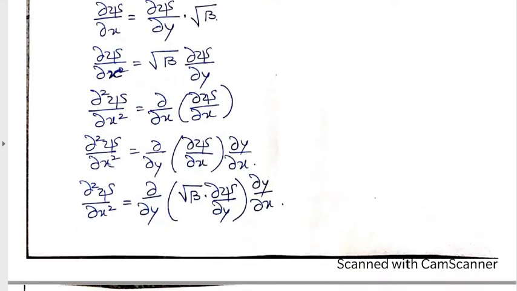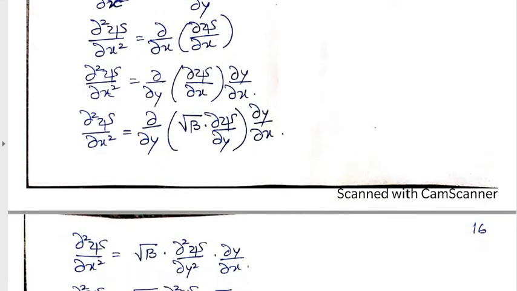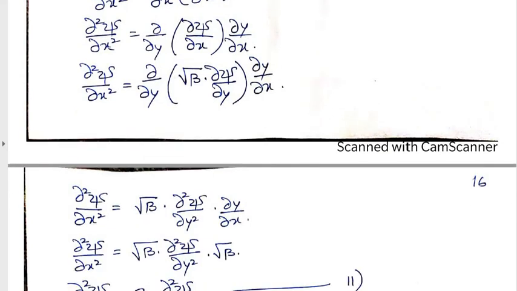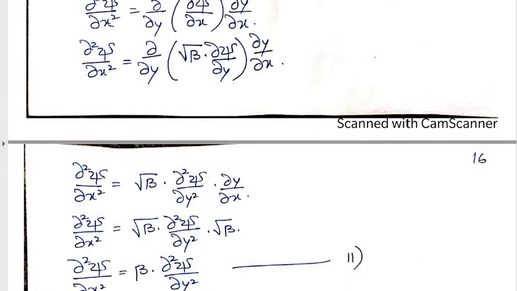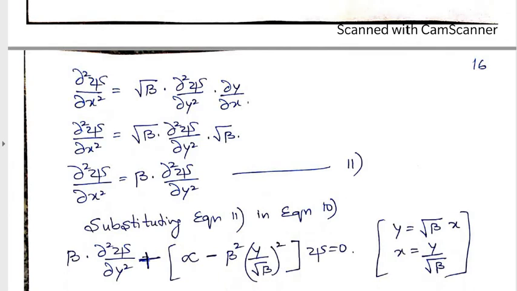On simplification, del square psi by del x square is equal to root beta into del square psi by del y square into del y by del x. Once again del y by del x is equal to root beta. So del square psi by del x square is equal to root beta into root beta, which is beta, into del square psi by del y square. Call that equation 11.